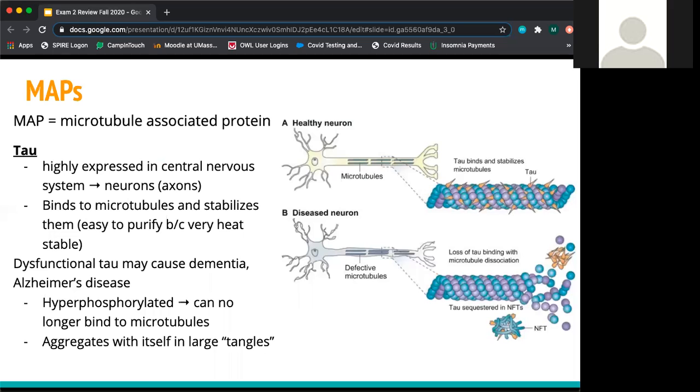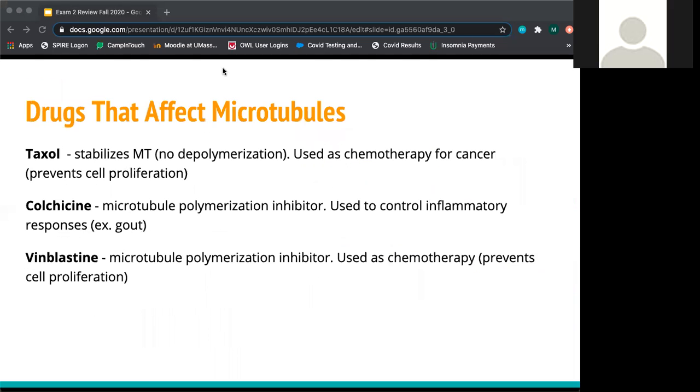And then there is colchicine, which is a microtubule polymerization inhibitor, which is used to control inflammatory responses, and vinblastine, which is a microtubule polymerization inhibitor as well, and it's also used in chemotherapy.